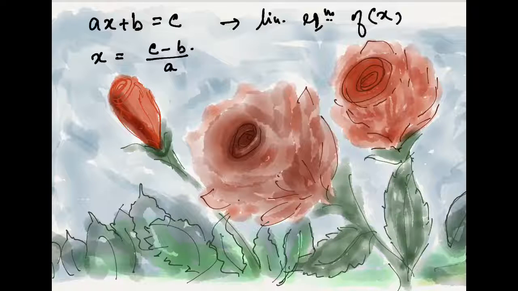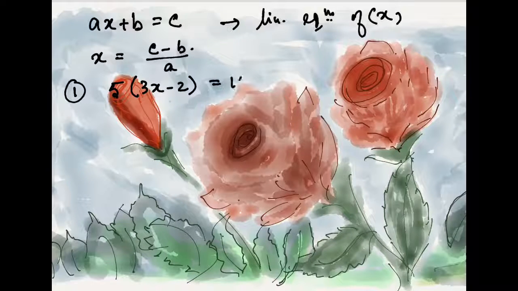Take an example. Suppose we write a linear equation, number 1, 5 into (3x minus 2) equals 15. What we can do is cancel out the common factor, which is 3.